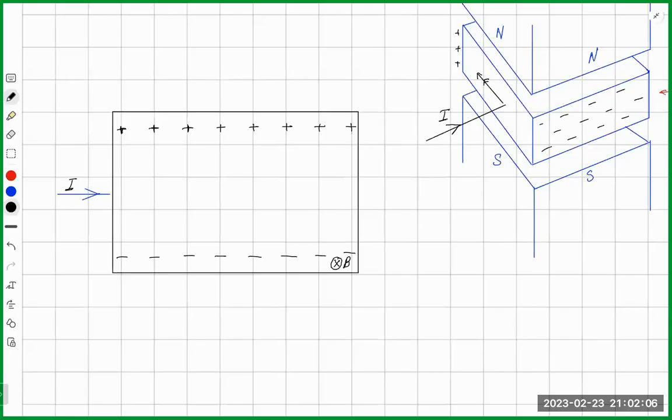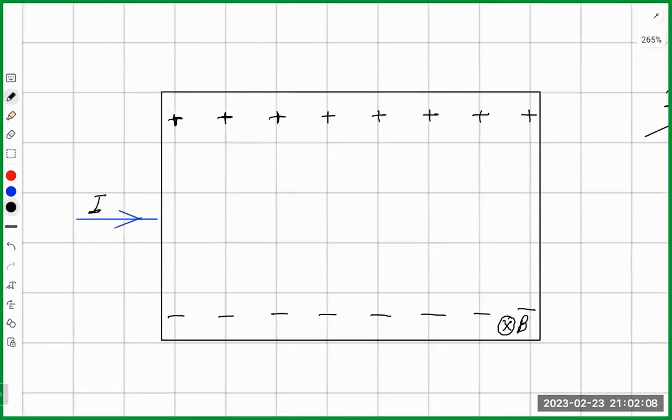So listen, if current is coming this way, current is the direction of the positive charge. So when positive charge is moving this way in a magnetic field which is into the screen, it should experience a force in upward direction. So the upper side should gradually start developing a positive potential. If the upper side is becoming positive, the lower side is gaining negative potential, and it is something which is developing with the passage of time.